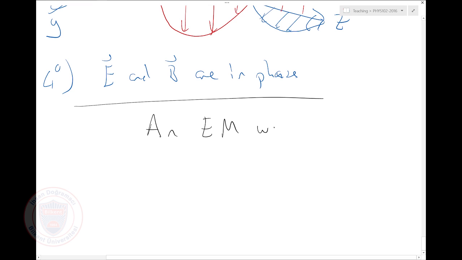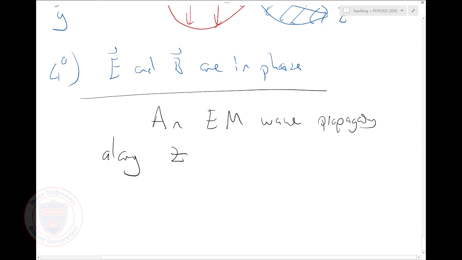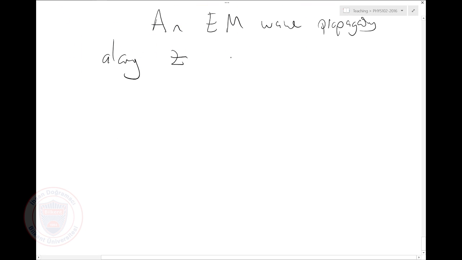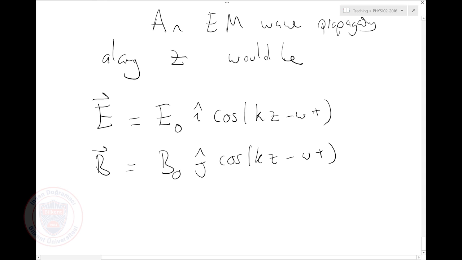An electromagnetic wave propagating along z would be: E is in the, let's say, x direction, E0 cosine(kz minus omega t), and B will be in the y direction with the same time dependence.